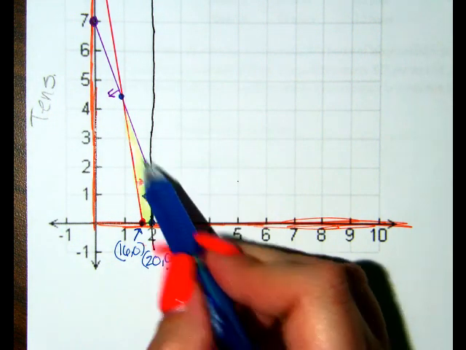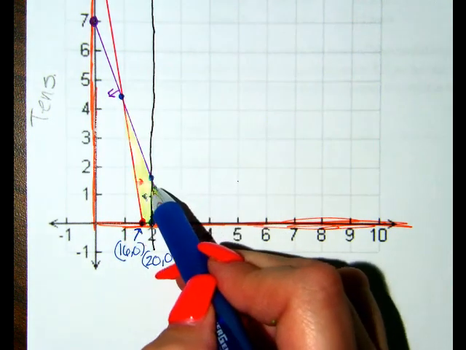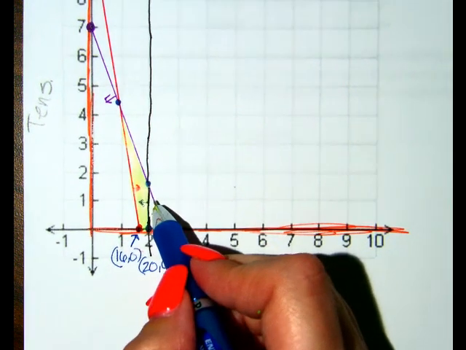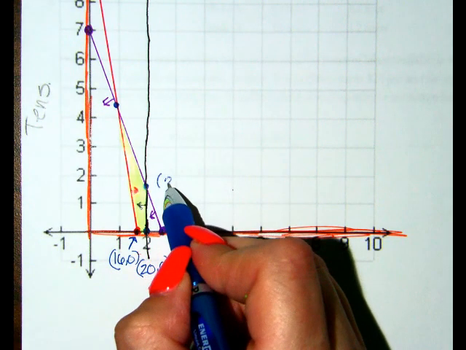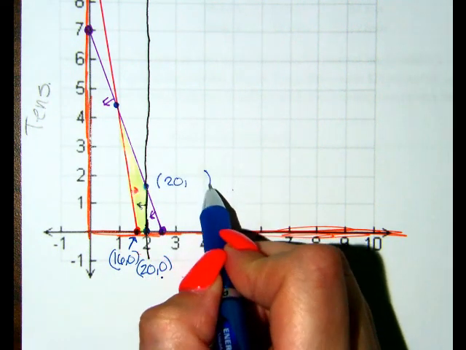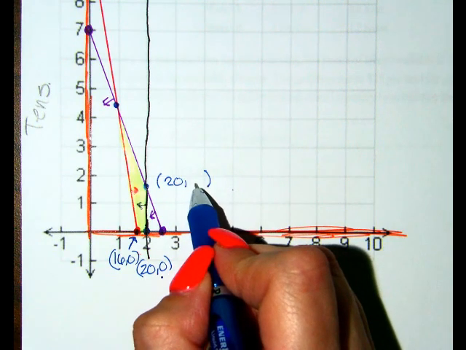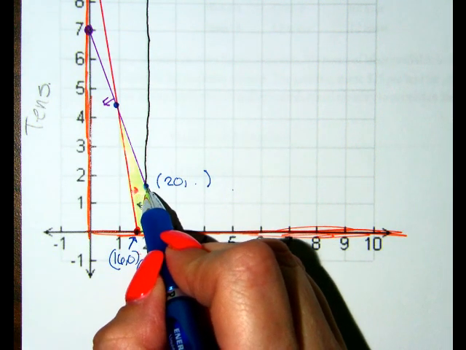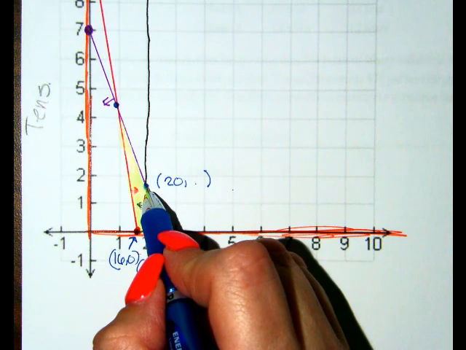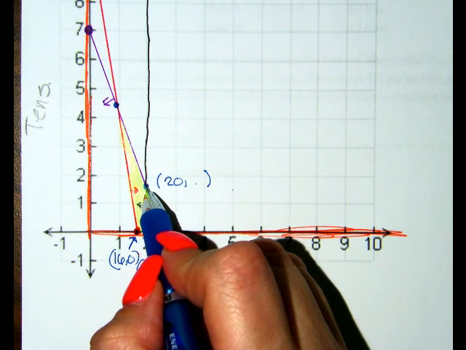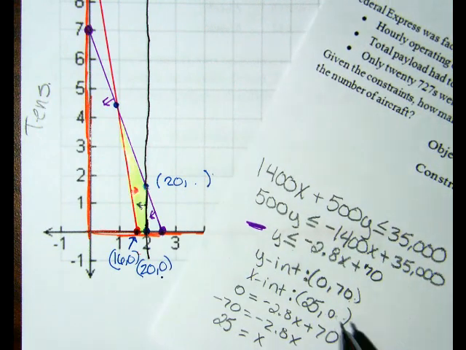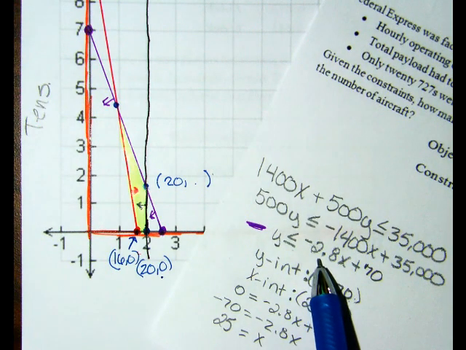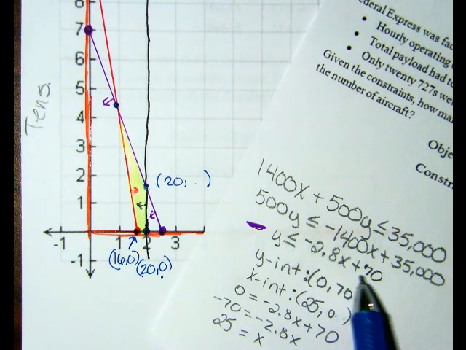The other 2 I need to find using systems. Now, the easy one to find is this one right here, because I already know my x value is going to be 20. I just need to find the y value where this line, the purple line, intersects this line. So my purple line was y equals negative 2.8x plus 70.